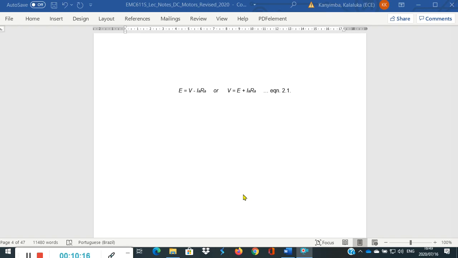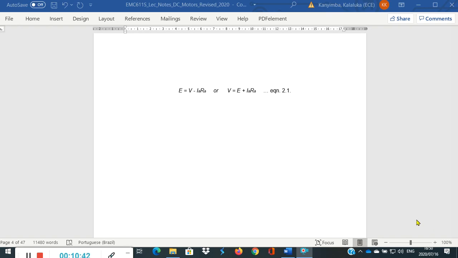So we can refer to this as a short circuit, as V is equal to IA times RA. Now, the induced EMF can never be equal to or higher than the applied voltage. This is motor action. It only happens in generator action.